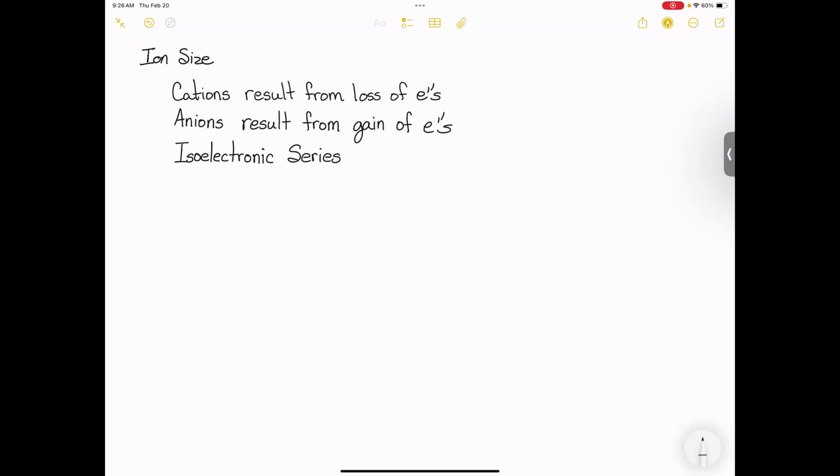Now, one thing that I did not introduce when we were talking about those electron configurations of the ions is something called an isoelectronic series.